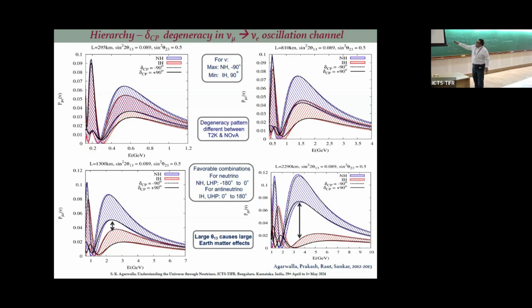Can you see when I increase the baseline, that means more matter effect, these two bands get separated? More matter effect means more separation between normal and inverted ordering, irrespective of the uncertainty in delta CP, because your delta CP can make this line uncertain by this amount or this amount, right? But you still have the gap. So try to make these probabilities for this slide and you will appreciate it.